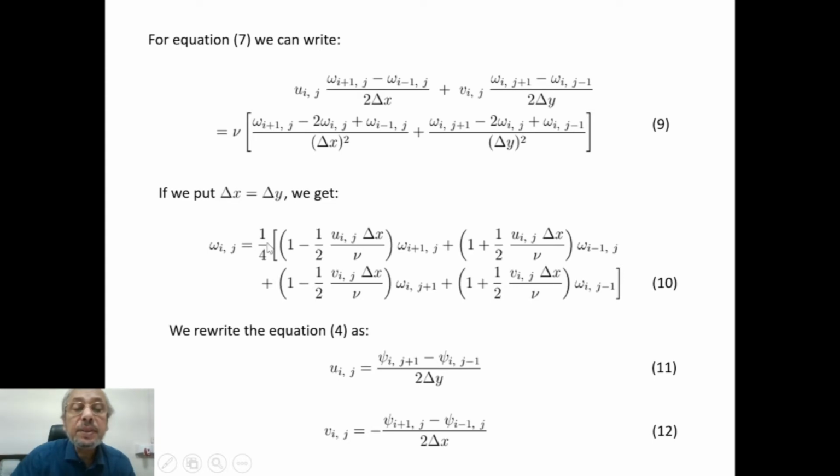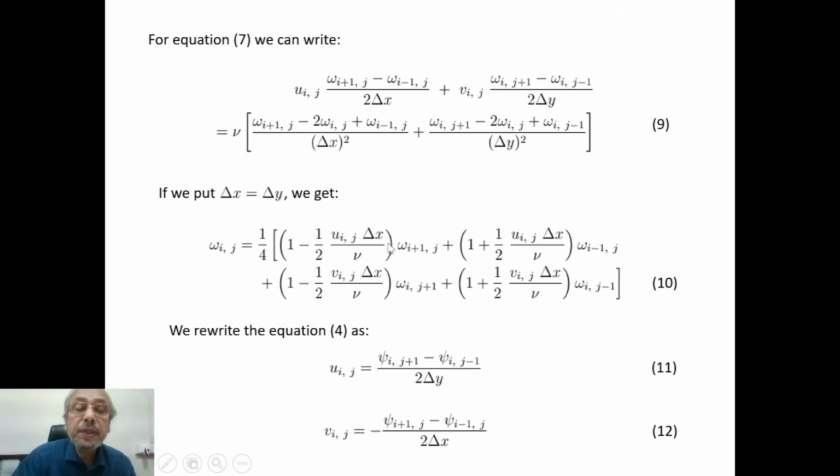And this becomes 1/4 of, within the bracket, you can see 1 minus half uij delta x by nu into omega i plus 1j, plus 1 plus half uij delta x by nu into omega i minus 1j. Similarly, omega ij plus 1 with a coefficient comprising v, nu and grid size, and omega ij minus 1 with a coefficient which has vij, delta x and nu.